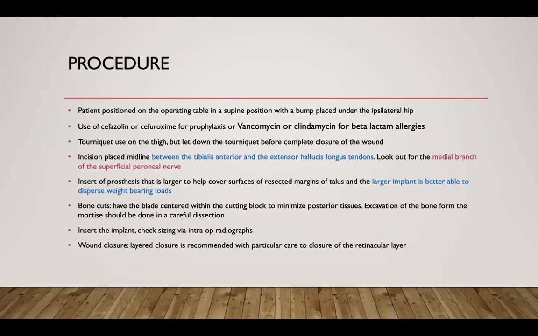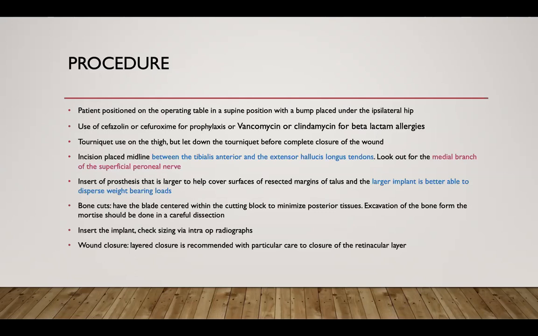So the procedure, you are basically going to have the patient on the operating table in the supine position. You're going to put a tourniquet on. You're going to place your incision between the tibialis anterior and the extensor hallucis longus tendons. When you do this, look out for the medial branch of the superficial peroneal nerve, along with the dorsalis pedis and tibialis anterior artery.